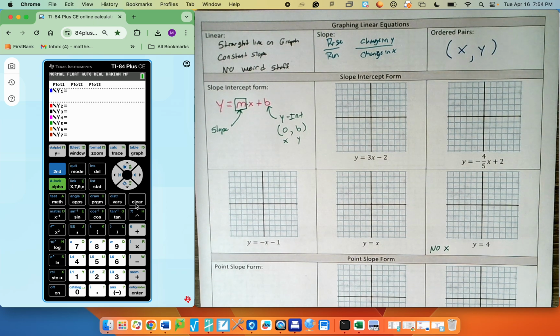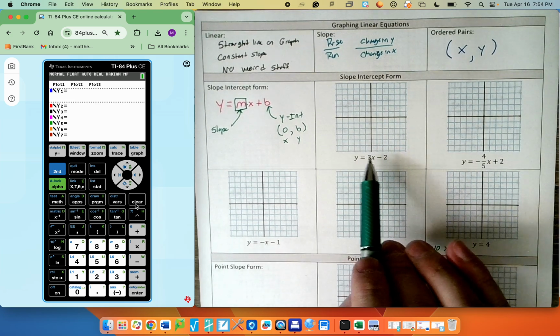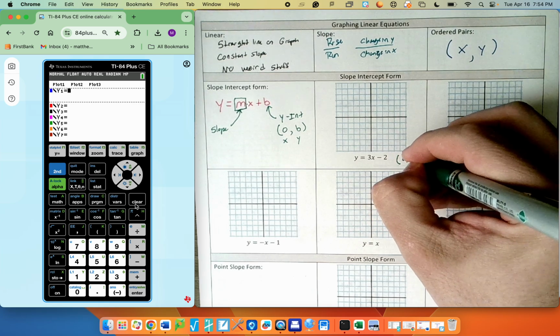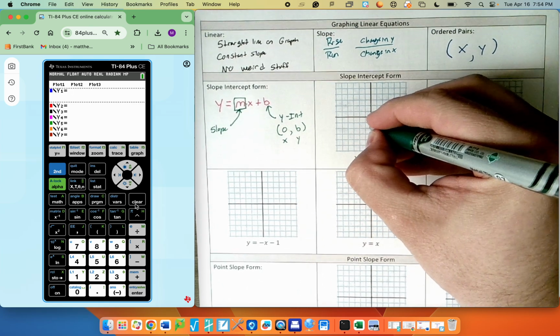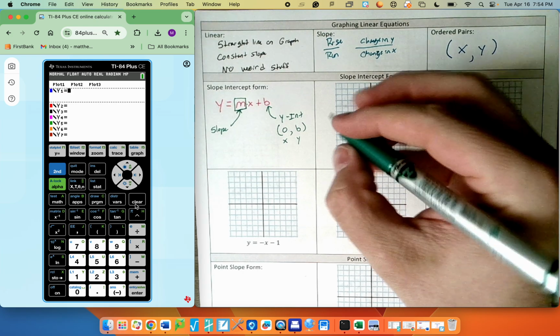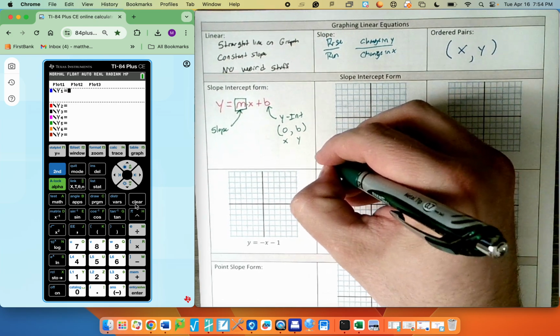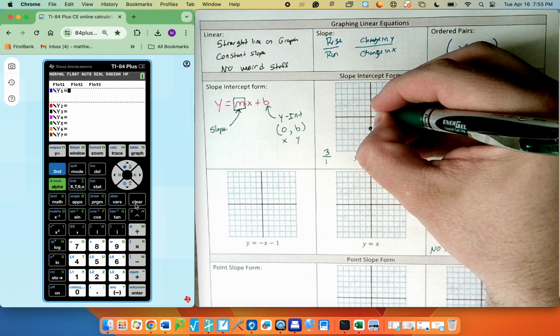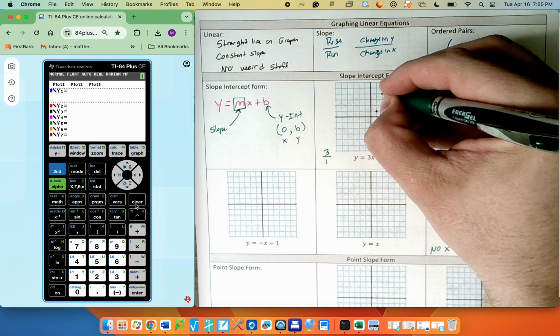All right, let's graph a couple of these lines. Slope-intercept form. So we know that this is our y-intercept, 0, -2. Then our slope, 3 over 1. 1, 2, 3, right 1. 1, 2, 3, right 1.